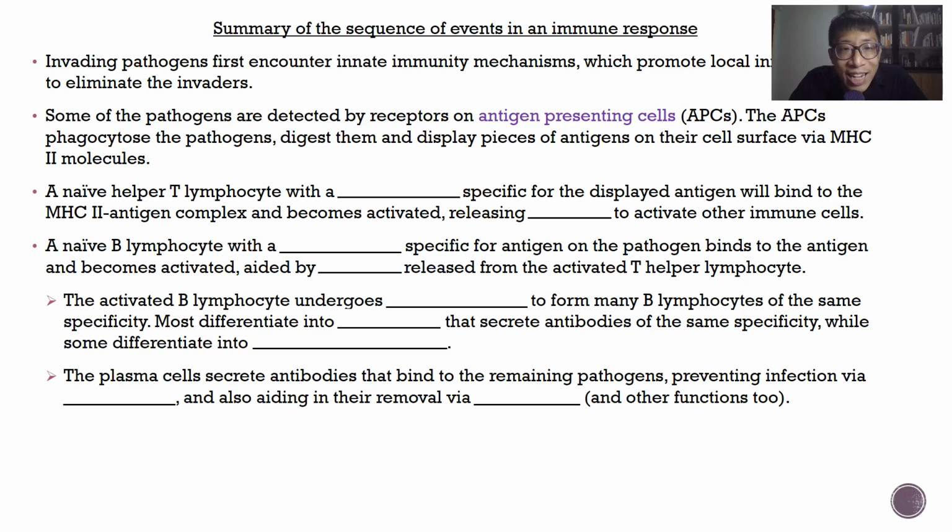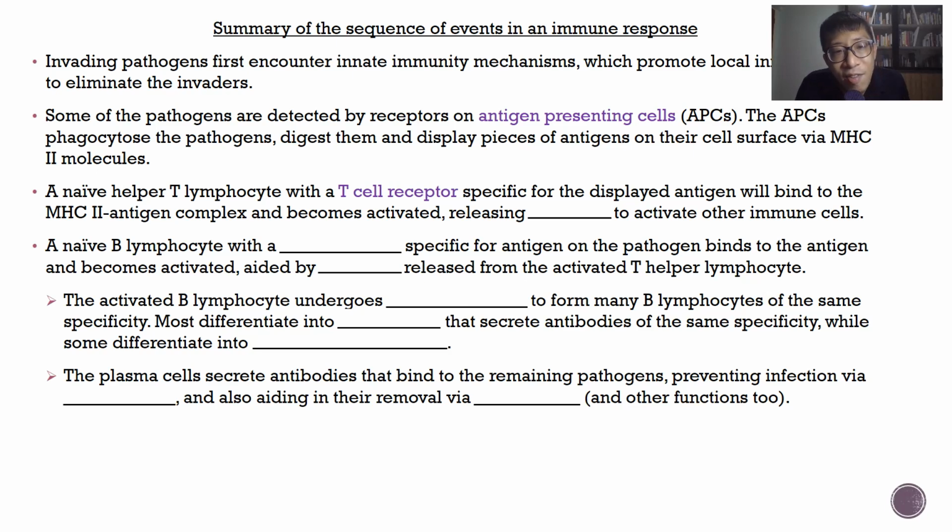So they would phagocytose the pathogens once they have detected them, digest the antigens into peptide fragments, and display these peptide fragments on their cell surface via the MHC class 2 molecules. So that's where the antigen presentation would trigger the activation of a naive helper T lymphocyte, or helper T cell, if it has a T cell receptor that is specific for this displayed antigen.